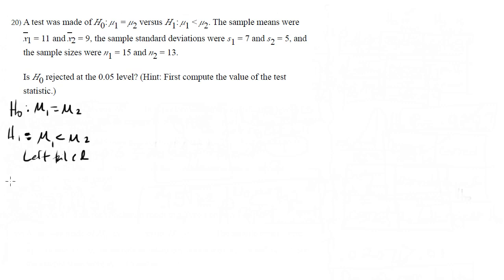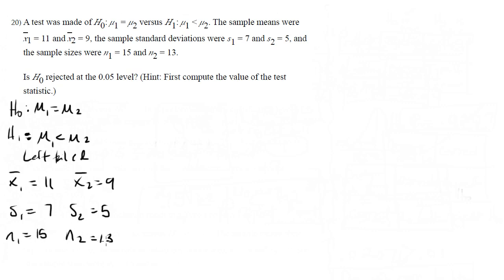And we have the sample means and sample standard deviations. Notice we don't have the population standard deviations, so it's t-test time. n1 equals 15, and n2 equals 13. Degrees of freedom, the smaller of the two minus 1, so the degrees of freedom here are 12.